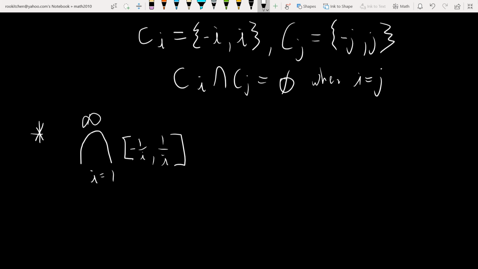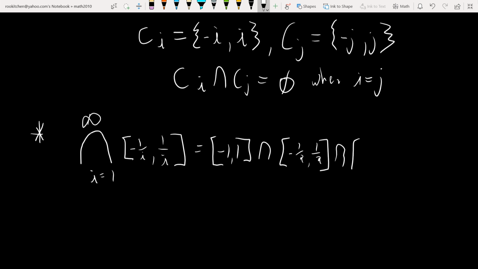Okay, so what would that be? It's like, what do we have? [-1, 1] intersected with, and these are intervals now, not just two points, [-1/2, 1/2] intersected with [-1/3, 1/3] intersected, and on and on forever.